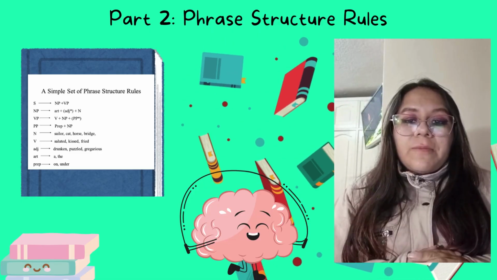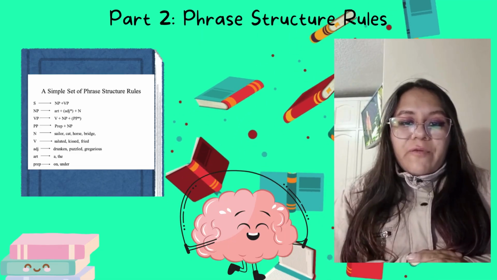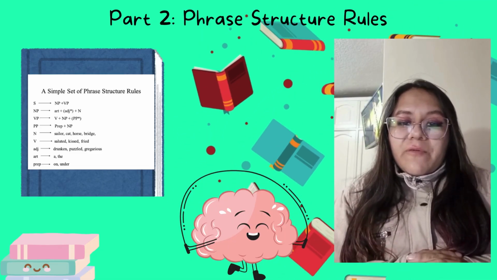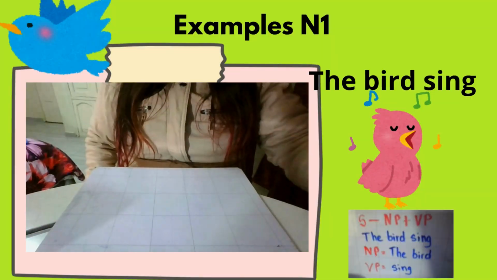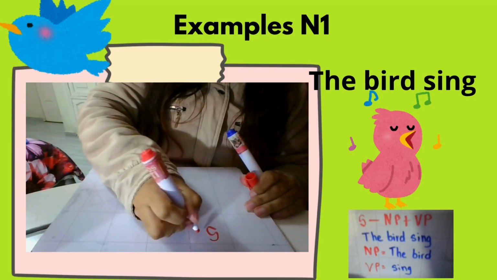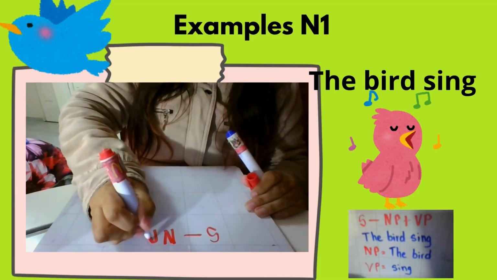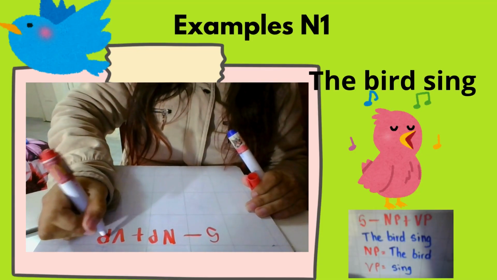The rule number one means that a sentence is made up of a noun phrase followed by a verb phrase, for example. In the first rule, the sentence is made up of a noun phrase plus a verb phrase.